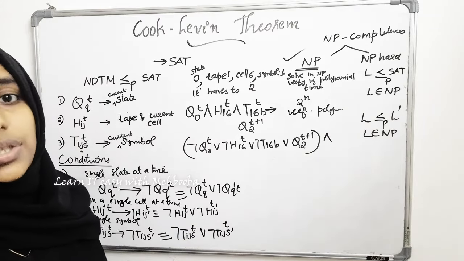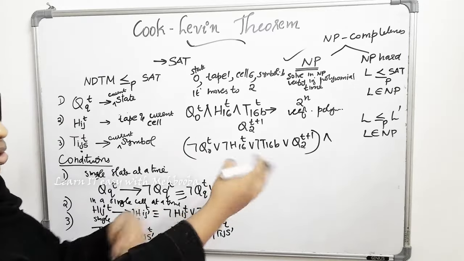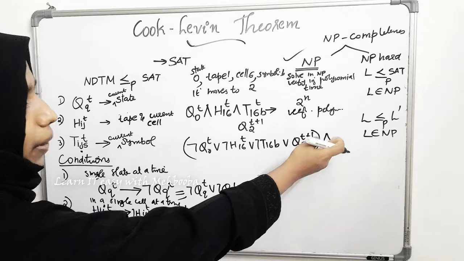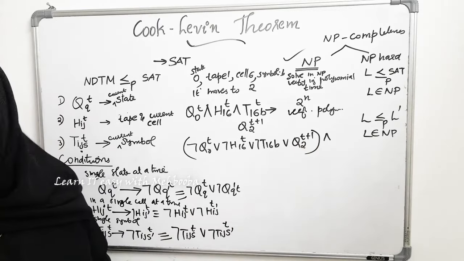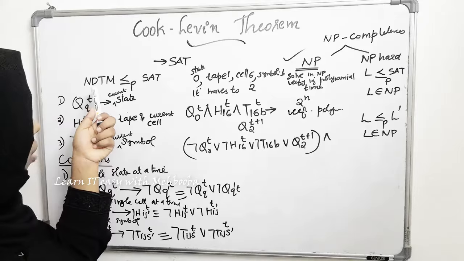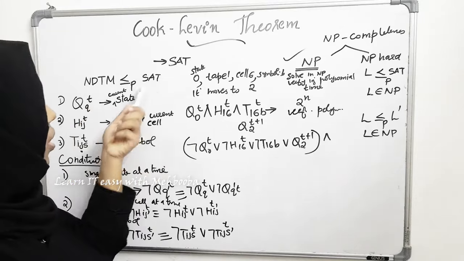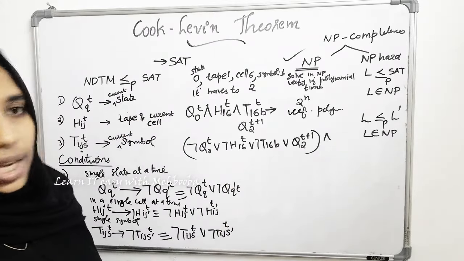So all the transitions of a Turing machine can be represented by putting ands. So the next transition can be appended to this by putting an and and writing down the next clause like this. So we could see that we can reduce a non-deterministic Turing machine into a SAT formula. So we have proved that SAT is NP complete.